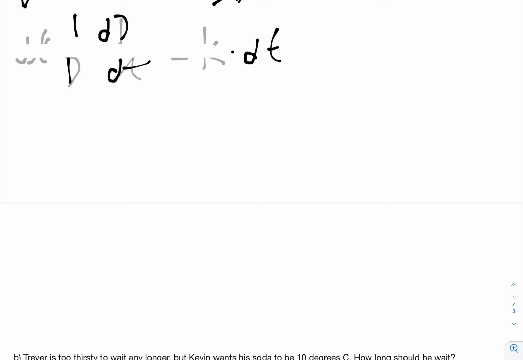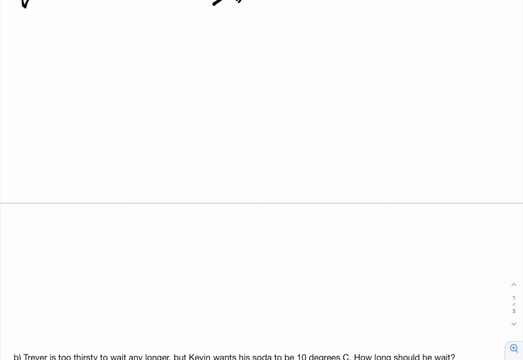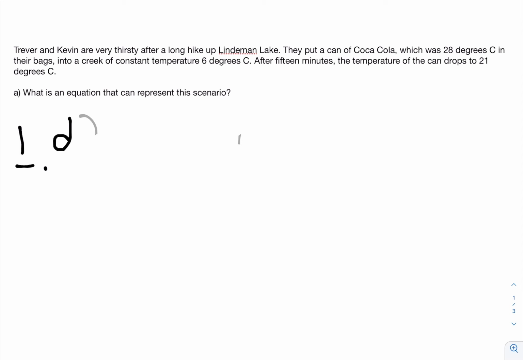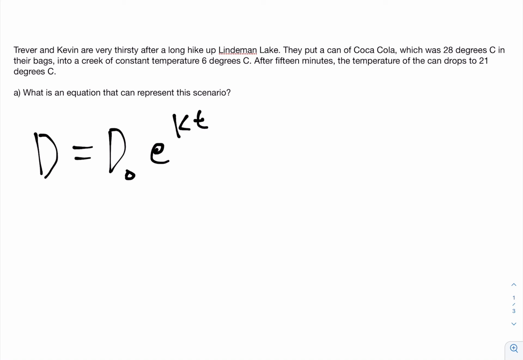So the ultimate thing that we'll end with is, if you follow the steps that we went over in the other question, we'd get that the difference equals the initial difference times e to the power of kt.